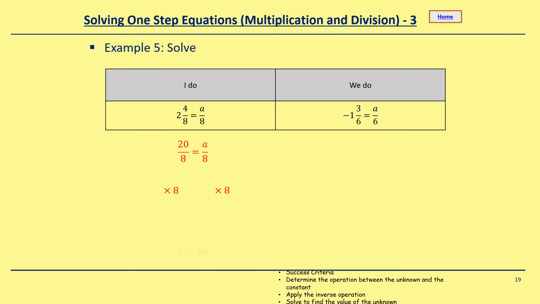Multiply both sides by 8 and you get A equals 20. Okay? Because it would have been 160 divided by 8, which is cancelled by 8, but when you multiply that by 8, it cancels out. So you have a go at this one. Pause the video and try this one.